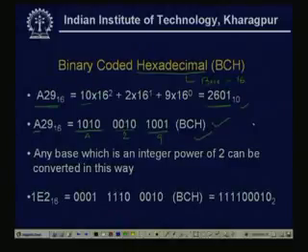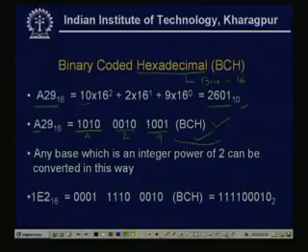And similarly, if I want to convert this into binary, then I will just drop the leading zeros and merge all the values. Here there is no leading 0. So, it will be 1 0 1 0 0 0 1 0 1 0 0 1. This will be the value.